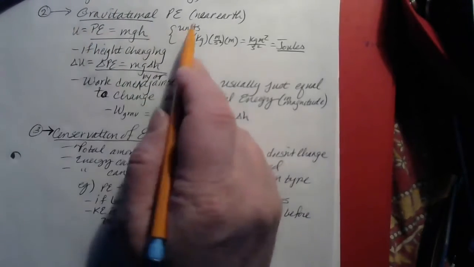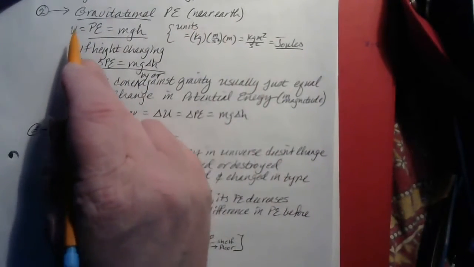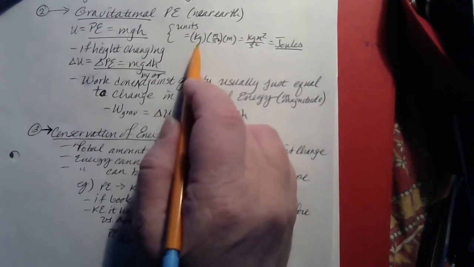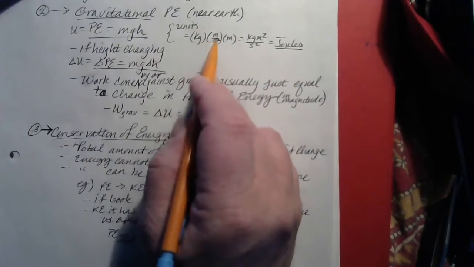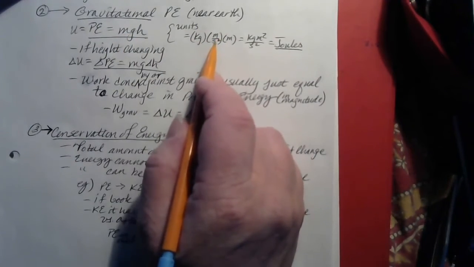Okay, that's an example. Let's see, go back to number 2. So again, in terms that might be a little more understandable, gravitational potential energy, or U, or sometimes referred to as PE, is mgh. The units I haven't mentioned yet would be mass times gravity times height. SI units for mass would be kilograms. SI units for gravity would be meters per second squared.